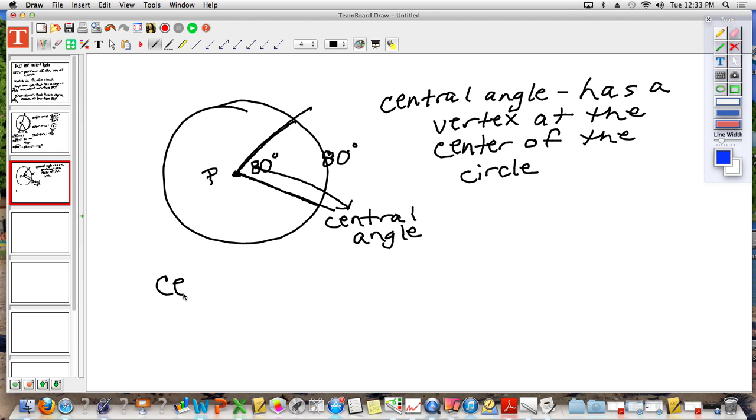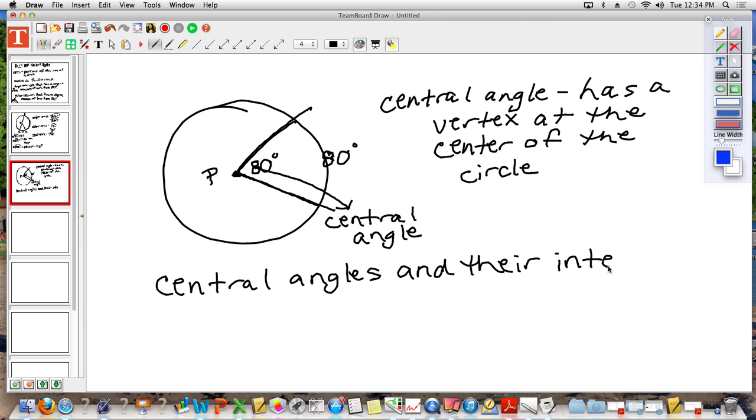So I'm going to make a note here that central angles and their intercepted arcs.